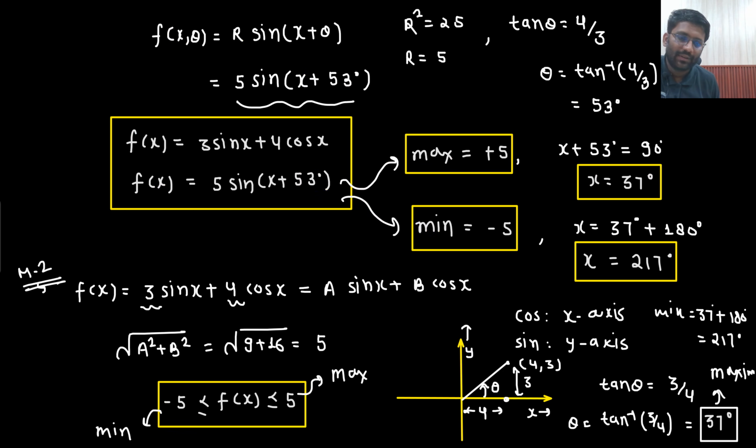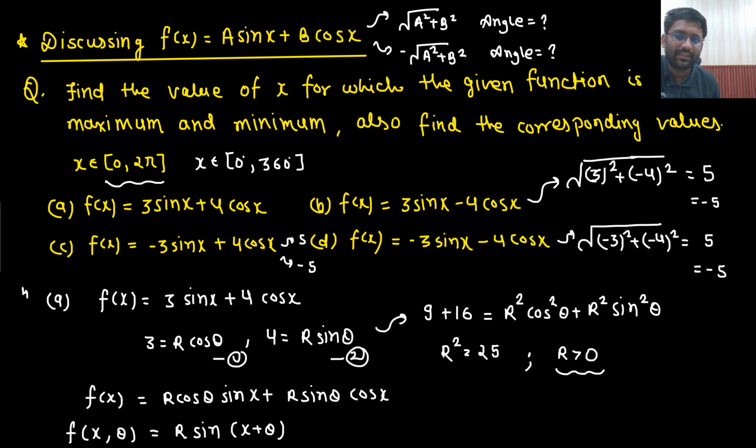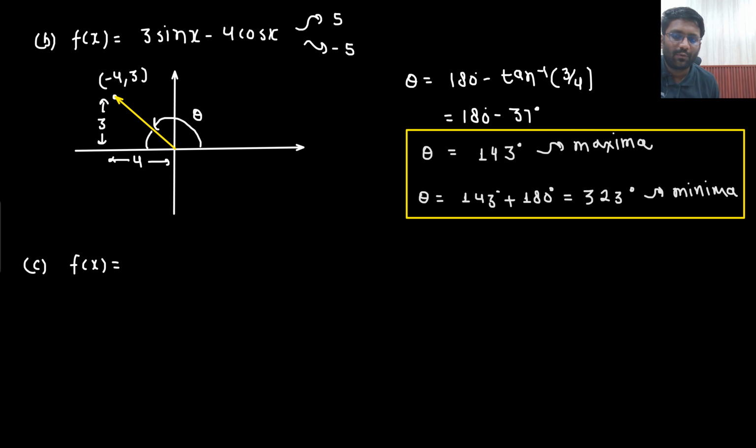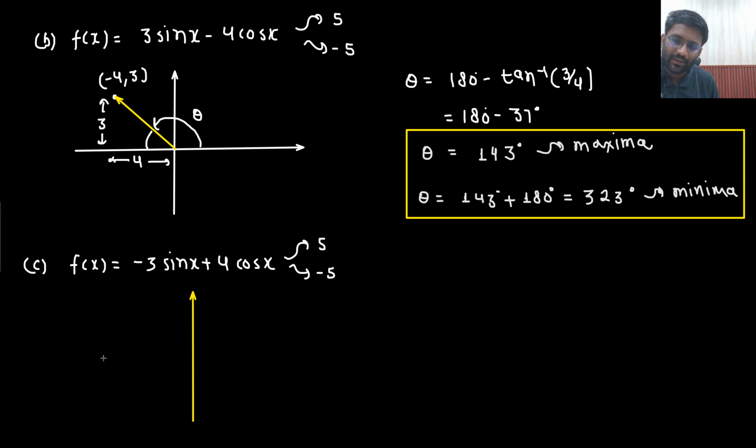f(x) equals, both negative this time, no, minus 3 sin x plus 4 cos x. Maximum minimum value we already know, plus 5 and minus 5. So x should be positive 4 and y minus 3.